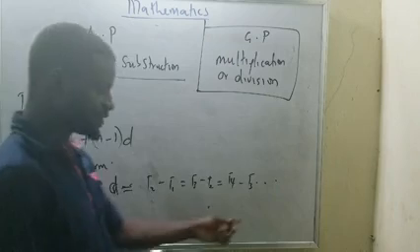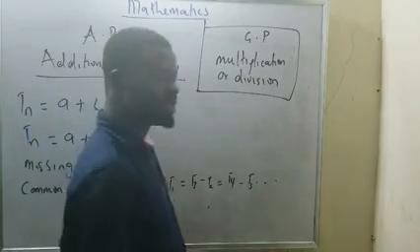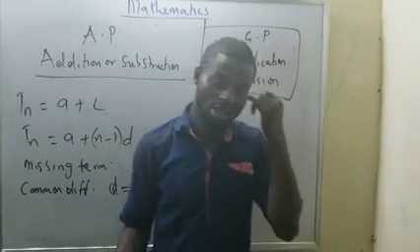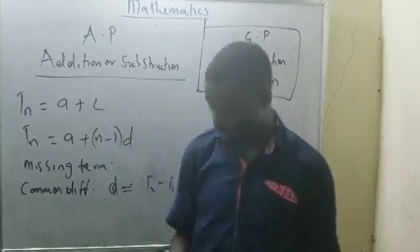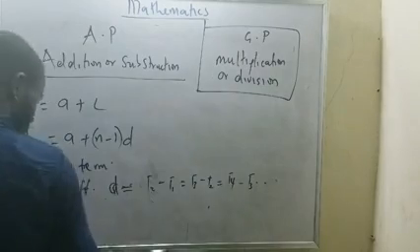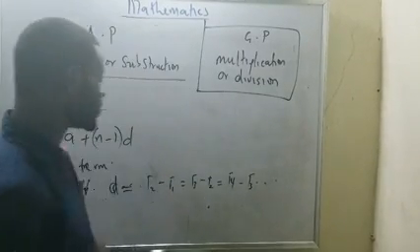We have done this in this video. You can check it also. And also, if D or A is missing, it will lead us to simultaneous equation, which we have done.